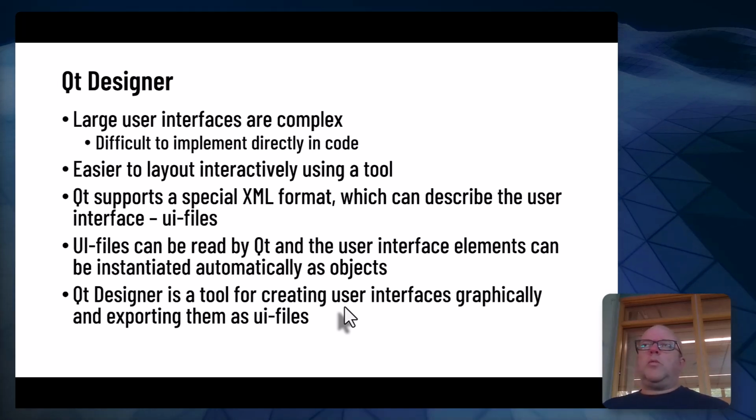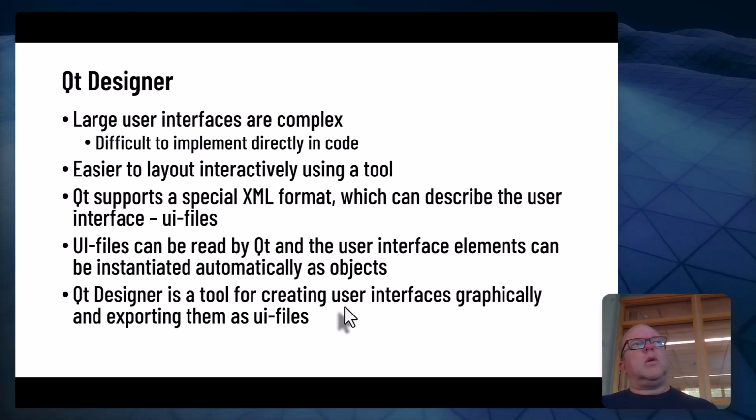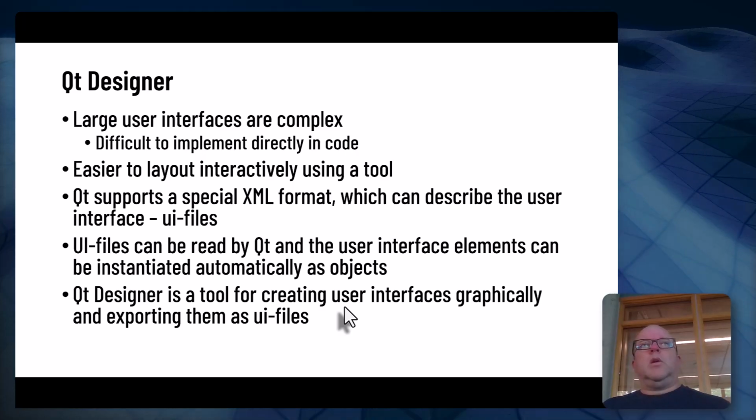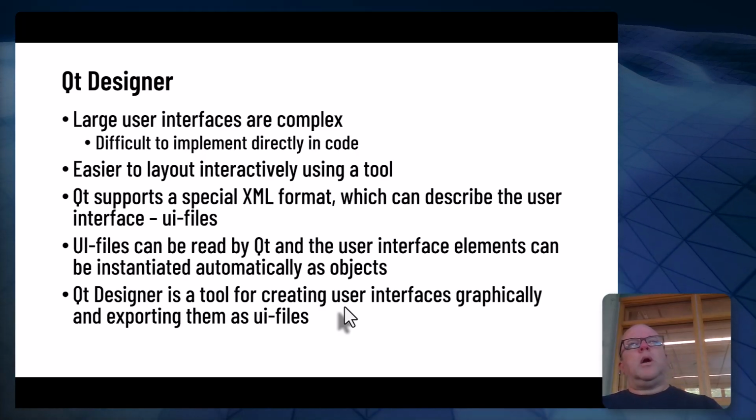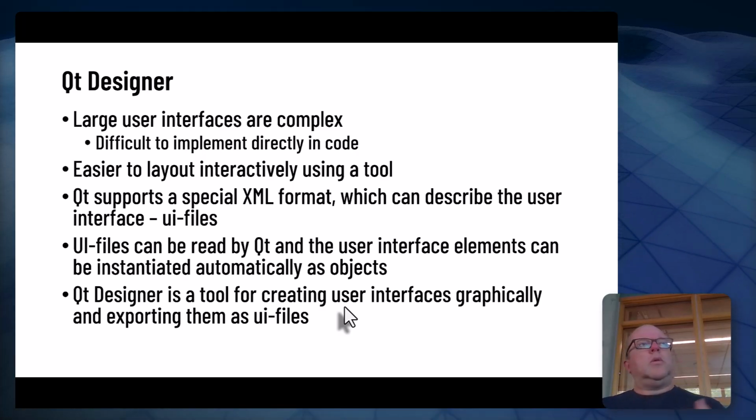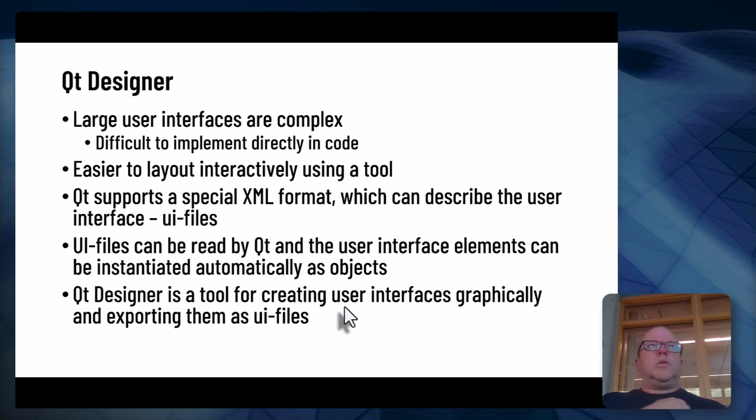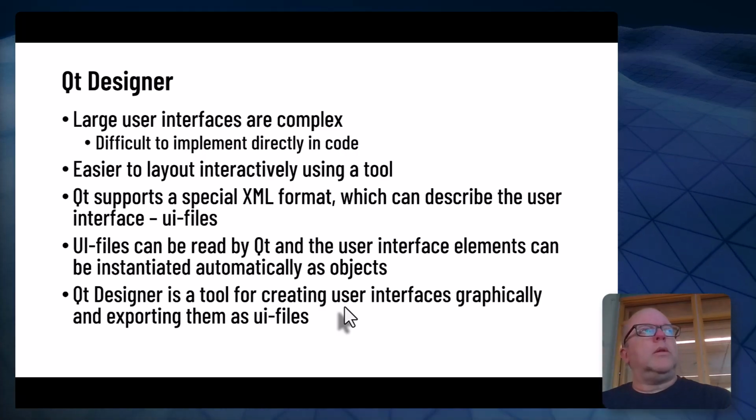There is also another option which I don't cover here, that you can also generate classes so that you don't have to provide a UI file for your application, that it creates a standalone class with all the controls created.